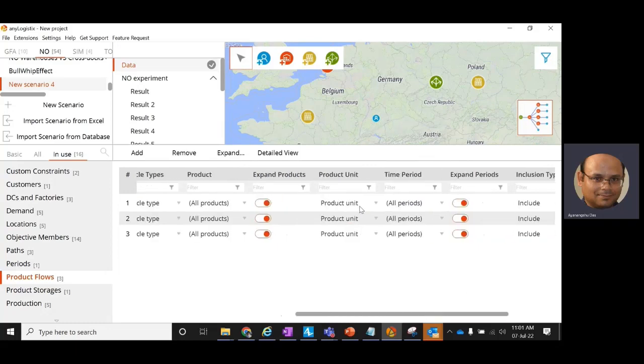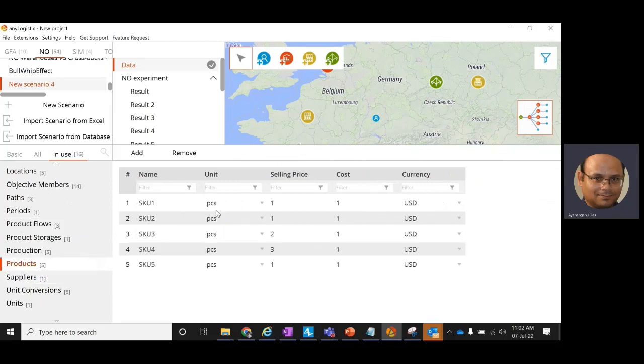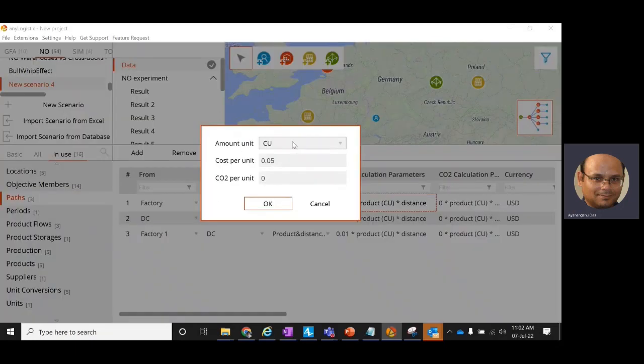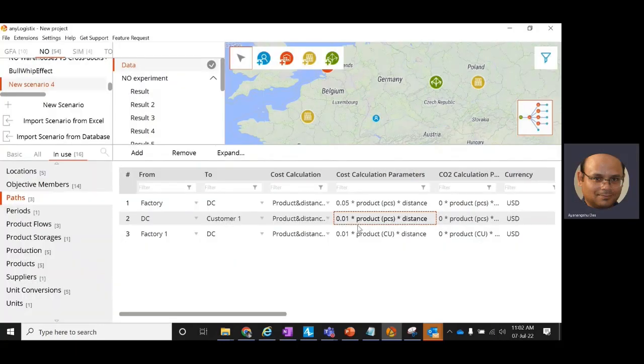It is actually defined in the product unit. So whatever unit the product table is defined in, it will take that. Similarly, we might want to change that into the product unit as well.